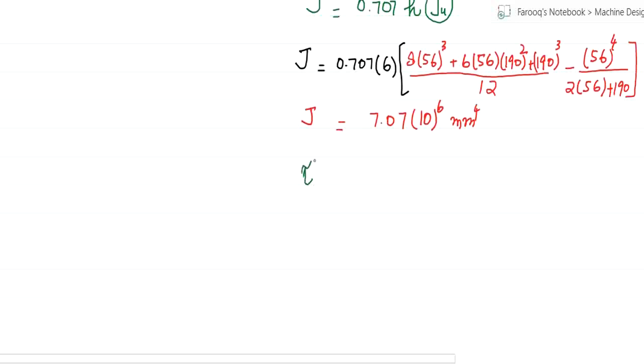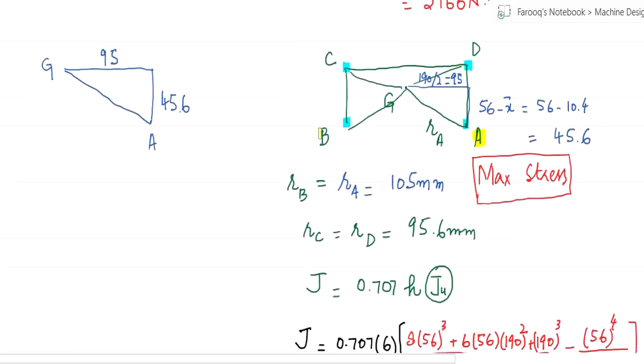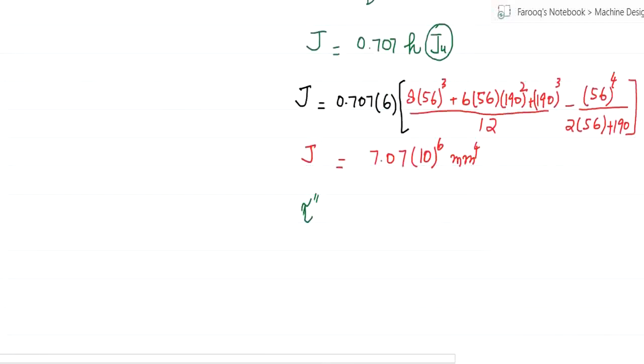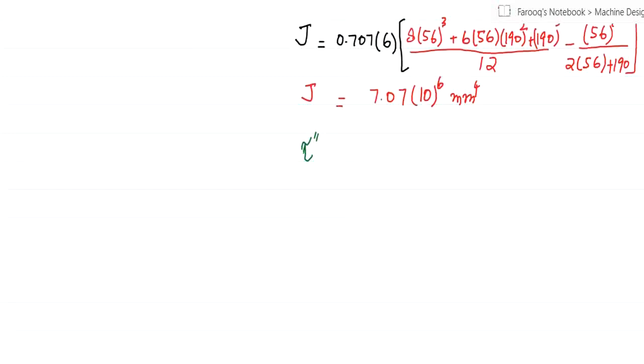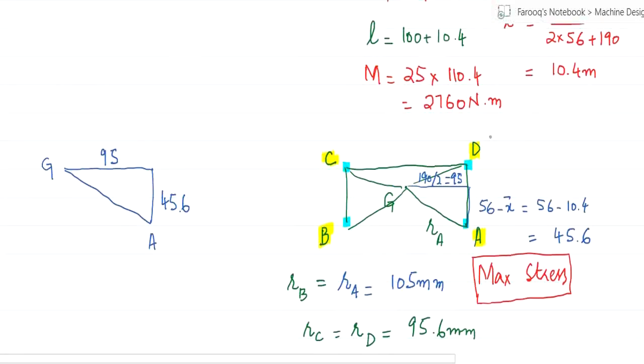However, we need to find the secondary shear stress at point A, B, C and D, and because RA is equal to RB and all the other variables are also equal, the secondary shear stress at A will be equal to B. Similarly, the secondary shear stress at C will be equal to D. So secondary shear stress at point A is equal to secondary shear stress at point B is equal to M, which is 2760 Newton meter.